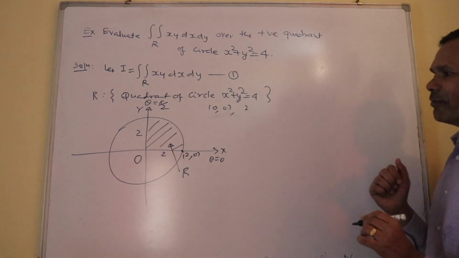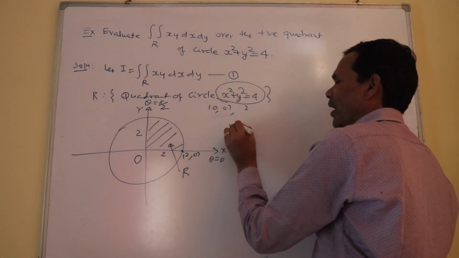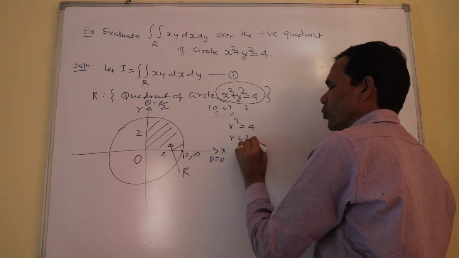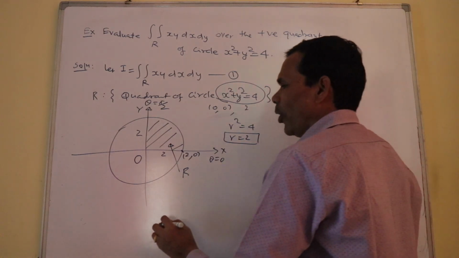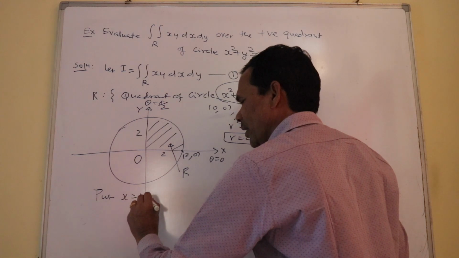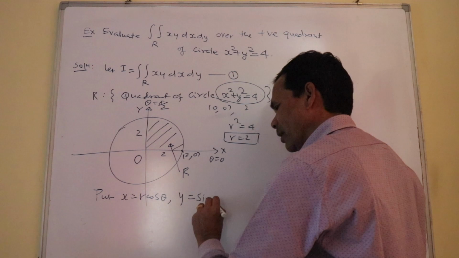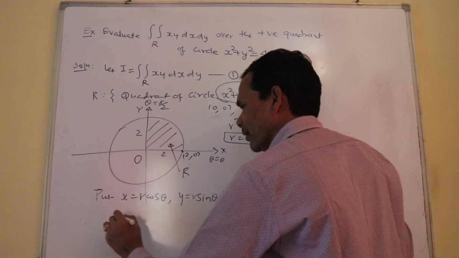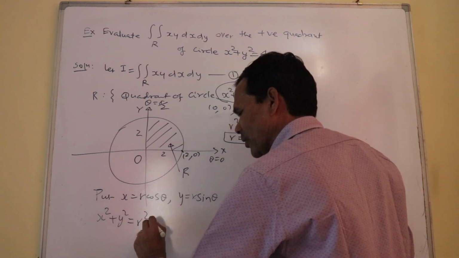Now I have to write the polar equation of the circle. This circle is r square is equal to 4, so r is equal to 2 is the polar equation of the circle. To transform, put x is equal to r cos theta, y is equal to r sin theta, and naturally x square plus y square is r square.